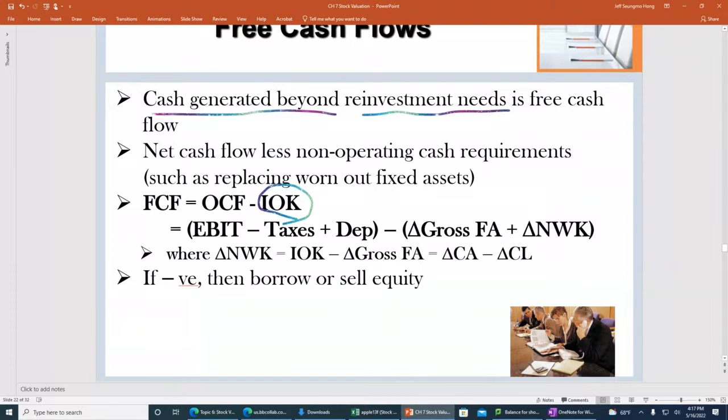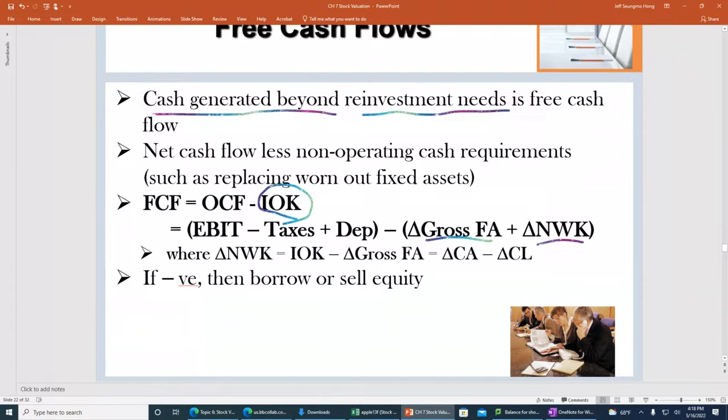So think about it. Operating capital means what? We know capital breaks down into two types. Fixed assets, physical capital, is the determinant of the production capacity of the company, isn't that right?